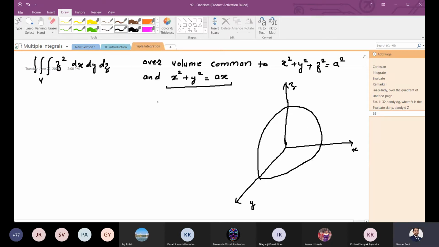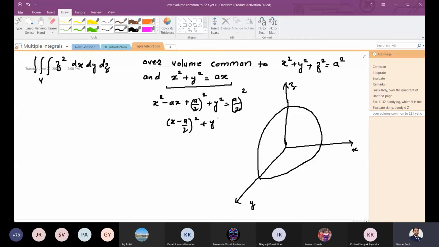Adjust that ax on the left hand side: x square minus ax plus (a by 2) square plus y square is equal to (a by 2) square. So this becomes (x minus a by 2) whole square plus y square is equal to (a by 2) square.